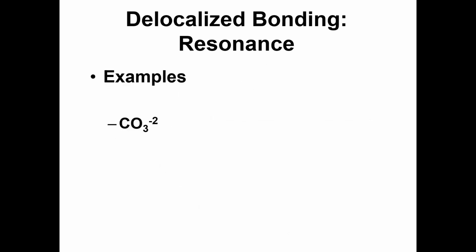Let's do one more example, and maybe we'll take another break, okay? So we'll do carbon. That's carbonate here, right? So we have carbon, which is 4 plus 3 times 6, and then you have to add this charge, right? So that means 2 electrons have been added. So that's plus 2.